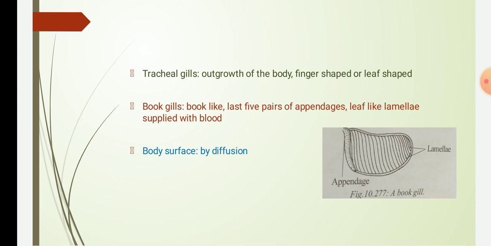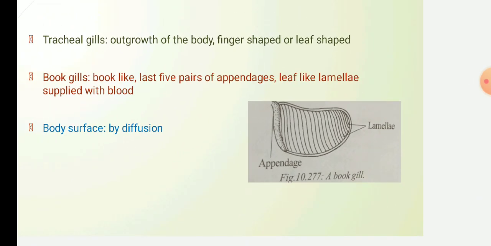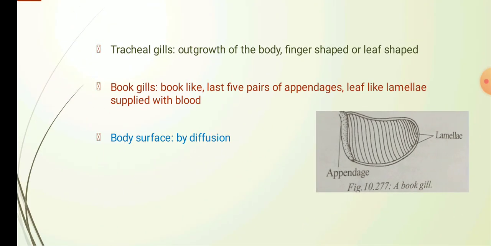Each book gill is formed of 150 to 200 leaf-like lamellae, and these lamellae are richly supplied by blood. So exchange of oxygen takes place between the blood and water.